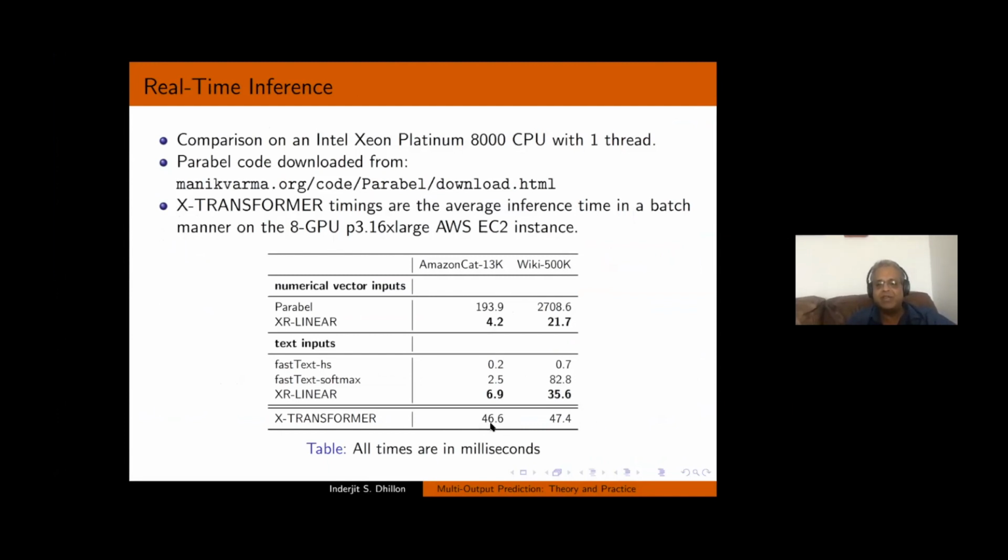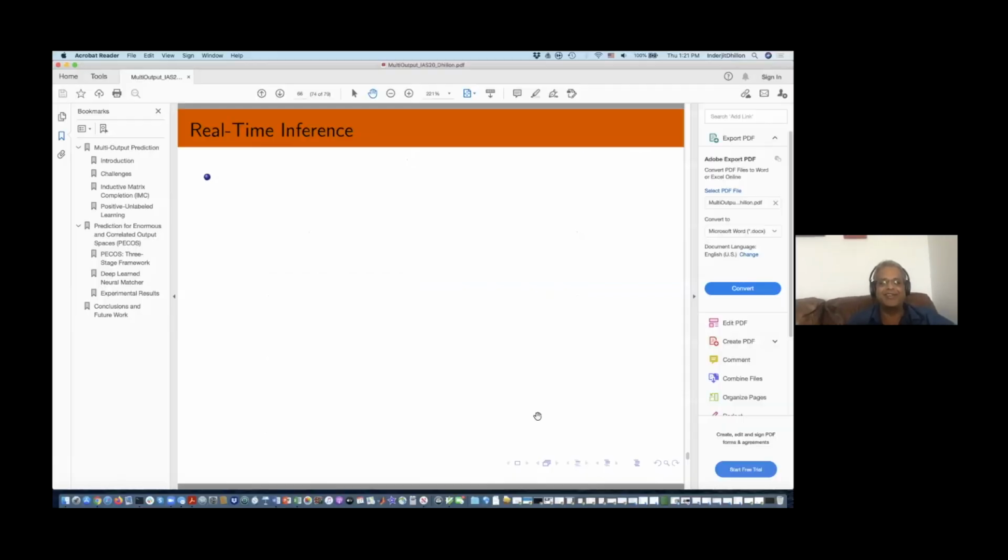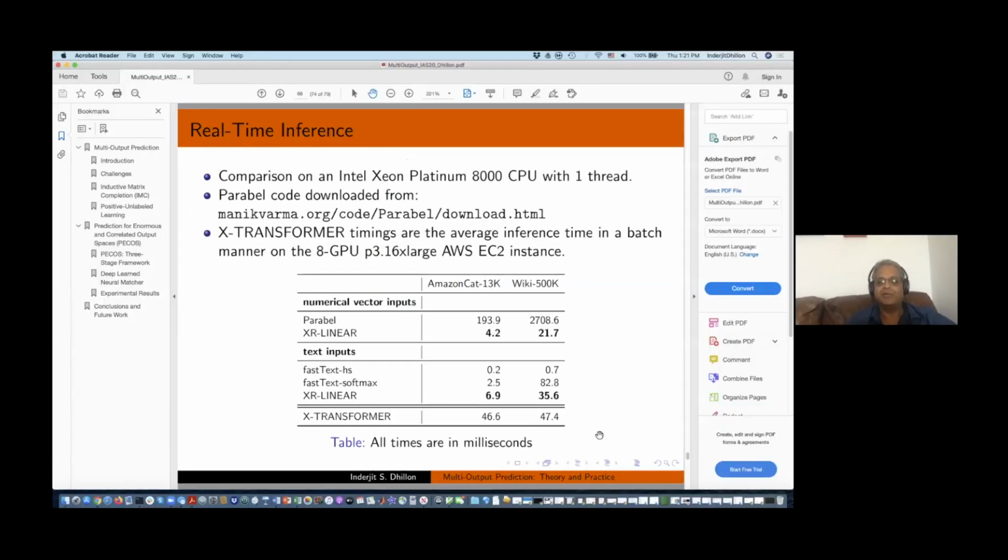And if you see, the number is not that different between 13K and 500K, and that's because of the BERT training that's involved. So, yes, the answer is yes, it is on a GPU. Thank you.